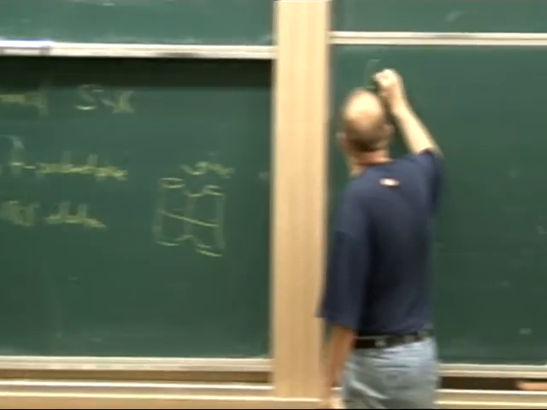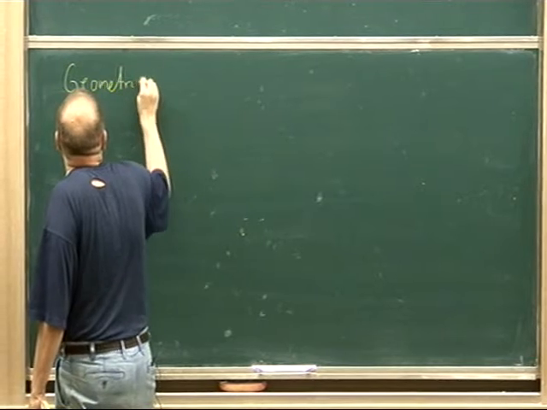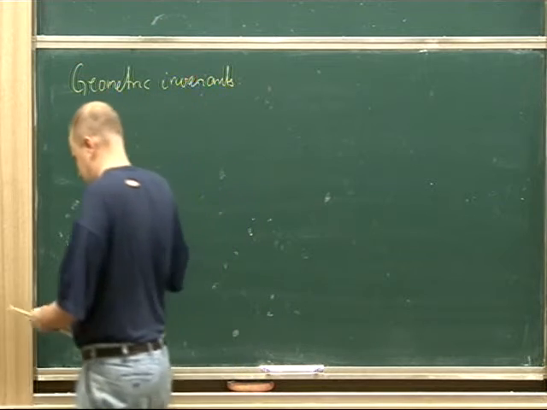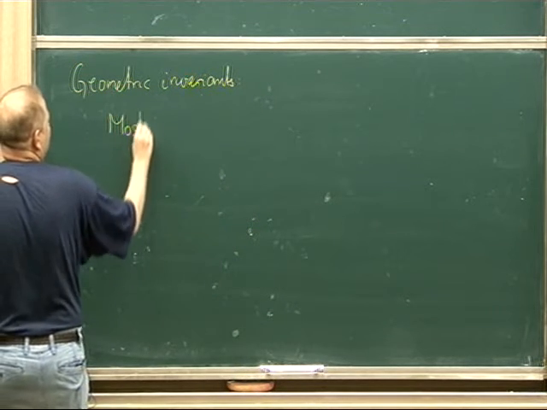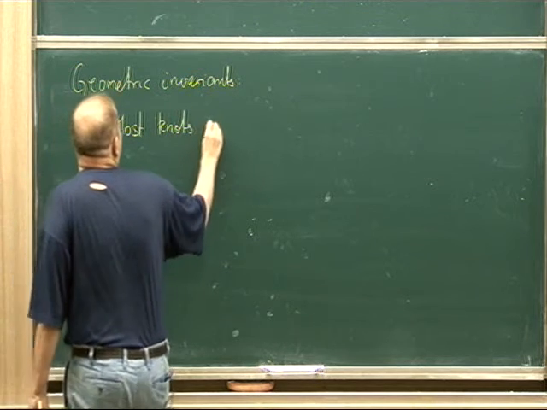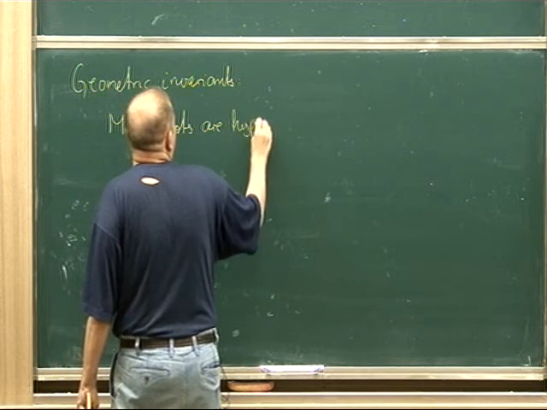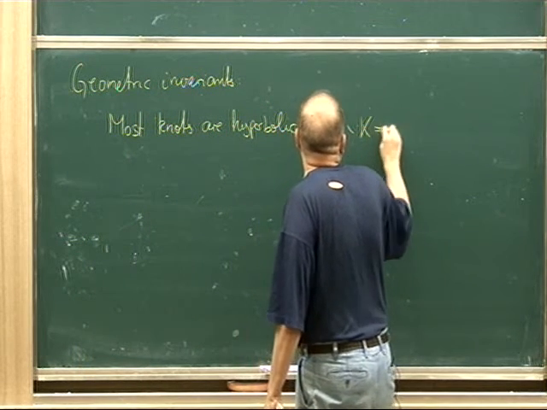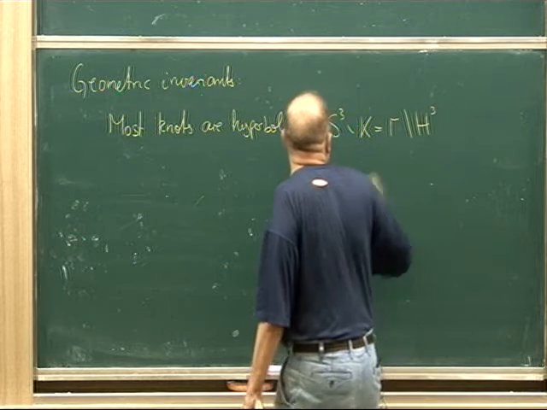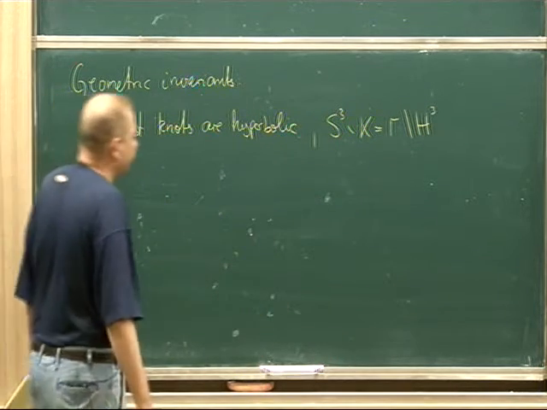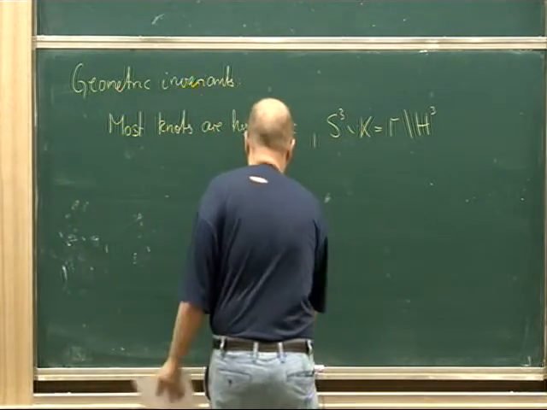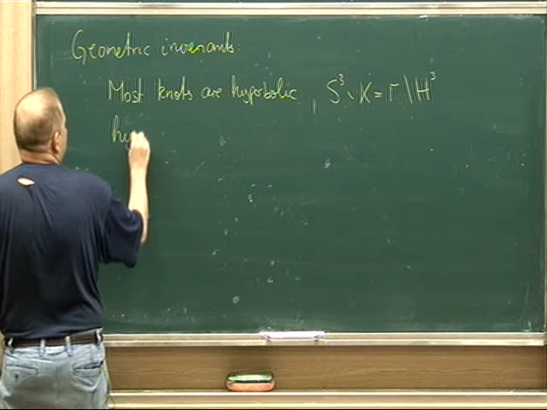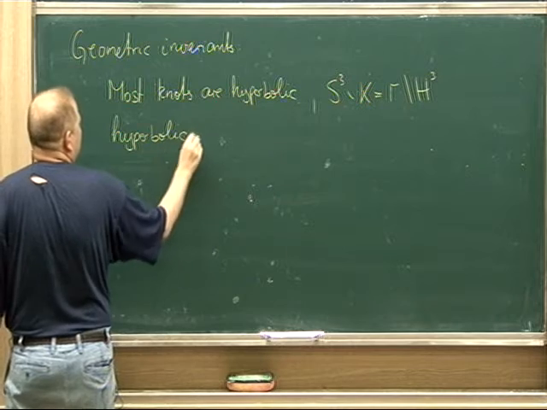So, okay, what do I mean by geometric invariants? Of course, most knots are hyperbolic. So the complement is some hyperbolic three-manifold, and up to isometry, this hyperbolic metric is unique by Mostow rigidity.